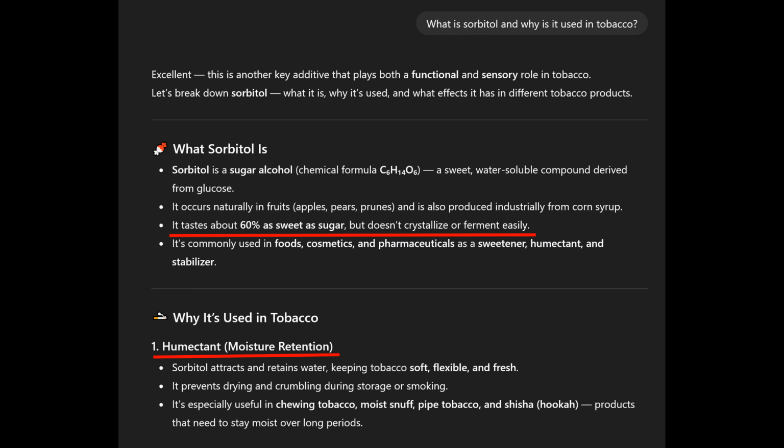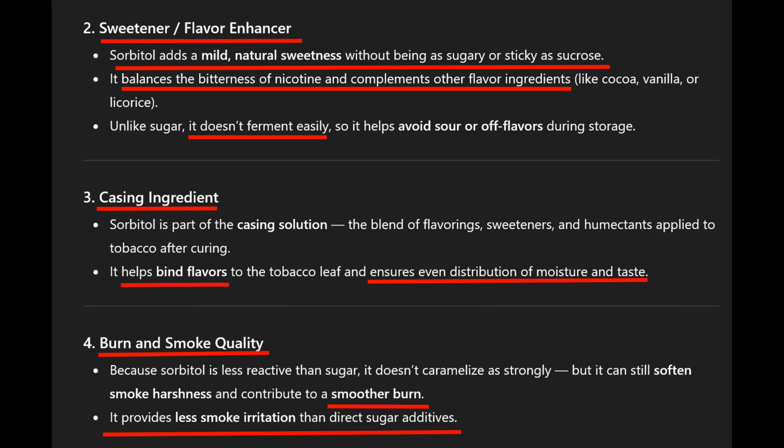Let's go further. It is a sweetener and flavor enhancer. Sorbitol adds a mild, natural sweetness without being as sugary or sticky as sucrose. It balances the bitterness of nicotine and complements other flavor ingredients. It doesn't ferment easily.